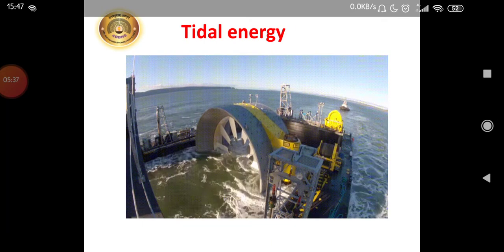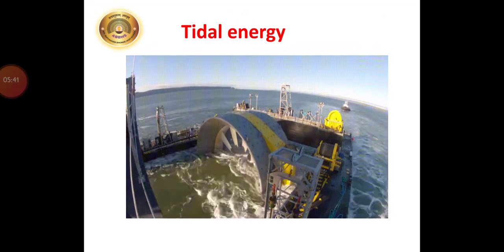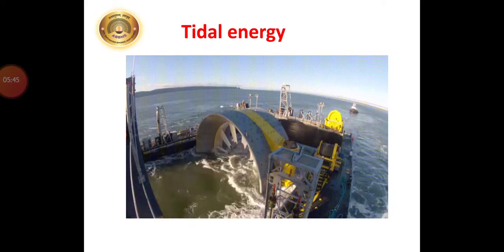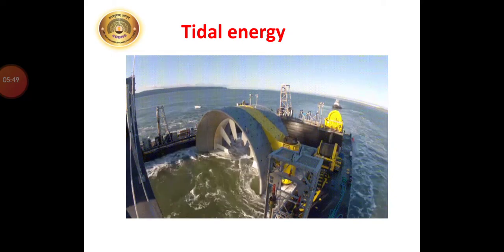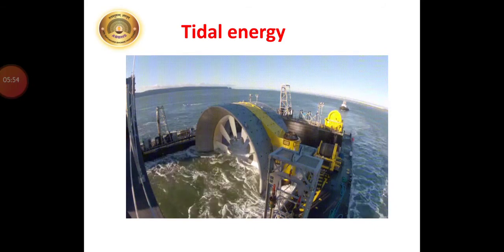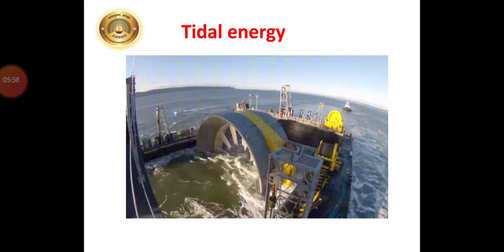Next form of energy is tidal energy. Energy produced due to high tides and low tides is called tidal energy. Due to waves generated by high and low tide, the turbine of the generator starts rotating and electricity is generated.